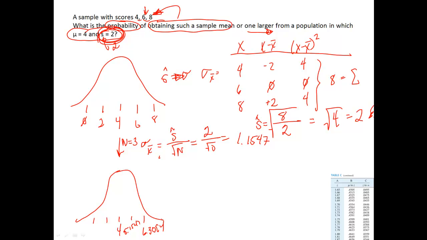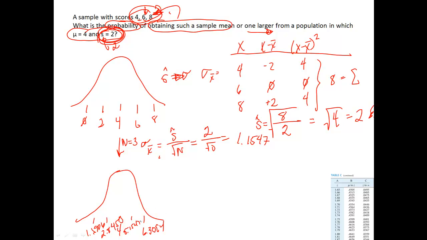Now go the other way. 4 minus that sigma sub x bar gives me 2.8453, and minus it again, I get 1.6906. All right. Now, the question asks for obtaining a sample mean as large as or larger than the one from the actual sample we're using, and that had a mean of 6. So, I'm going to change colors here.